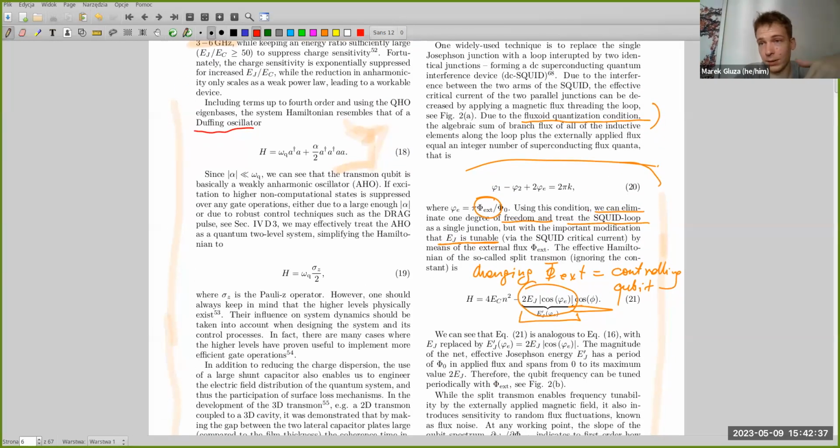You can try to read this section from the perspective of me telling you that it's a wonderful development. You won't find those adjectives here, right? But you will see the equations that make it really very appealing and very helpful to split the transmon. When you split the transmon, meaning you have two parallel Josephson junctions, you will have two flux variables, but there will be the loop, which gives you the flux quantization.